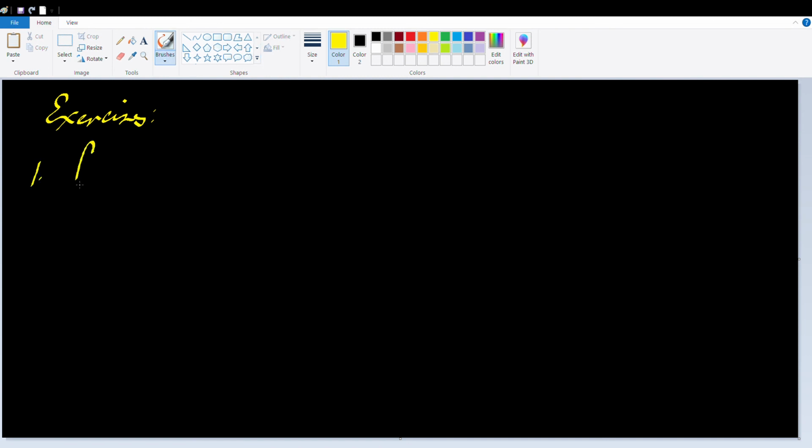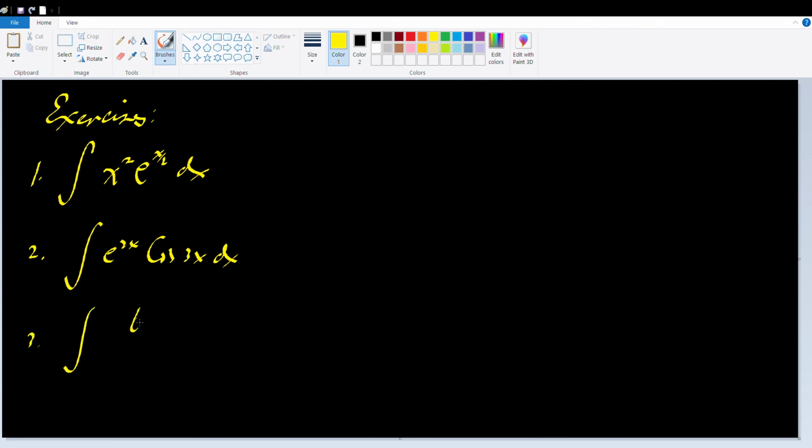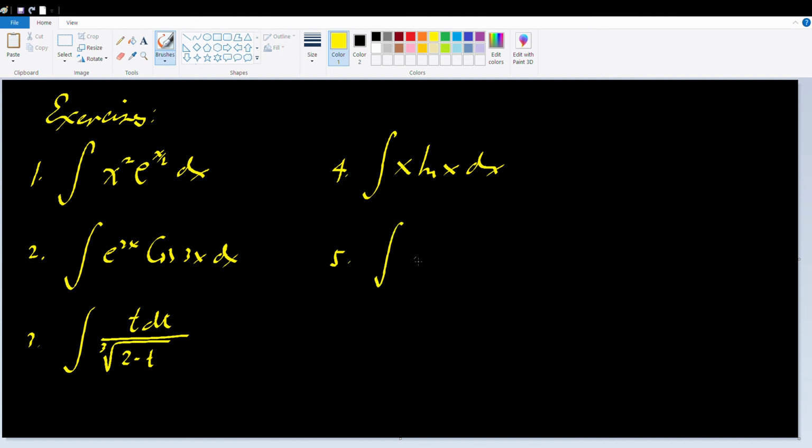Evaluate x squared e to the x over 2 dx, e to the 2x cosine 3x dx, t all over the cube root of 2 minus t dt, the integral of x ln of x dx, the integral of x arcsine of x dx. Okay, after this we will discuss the solution.